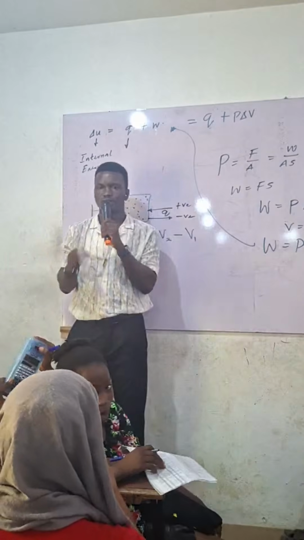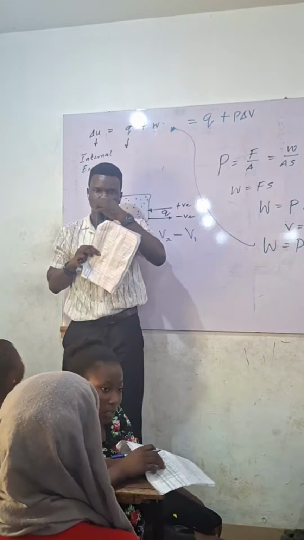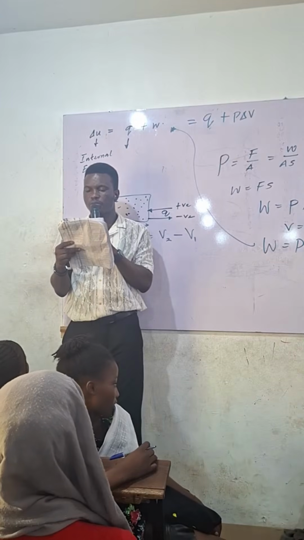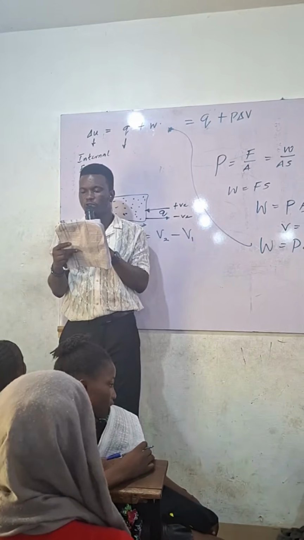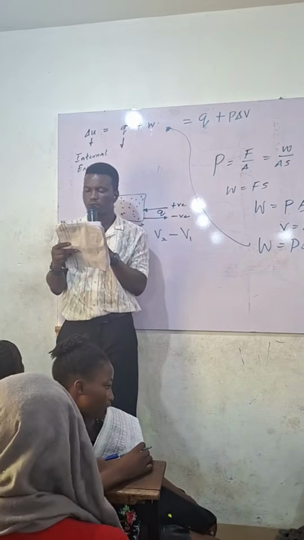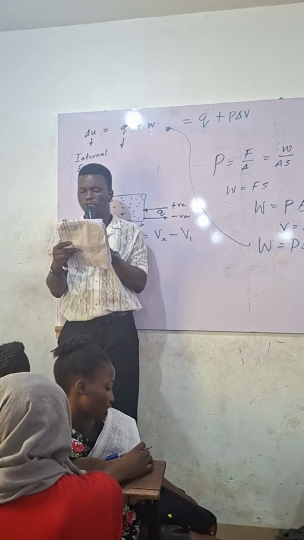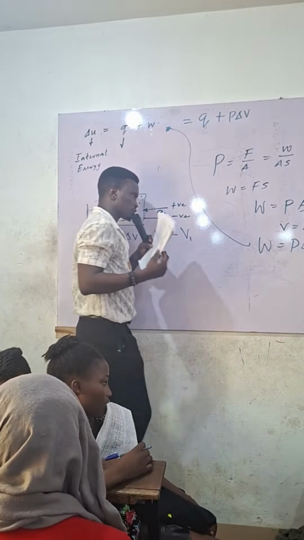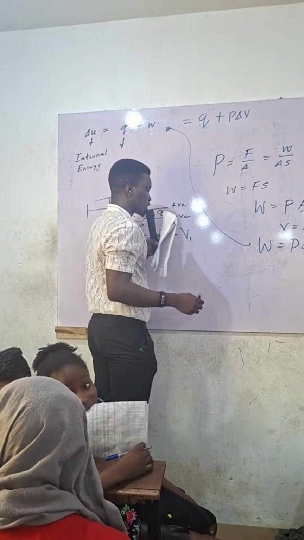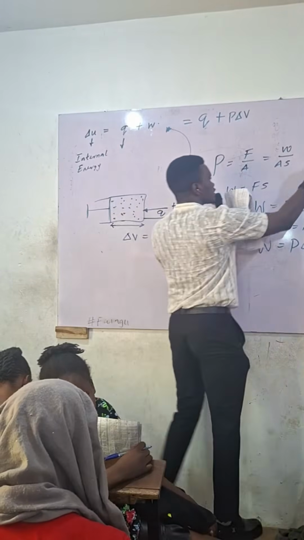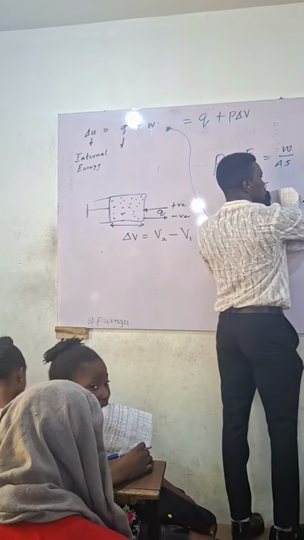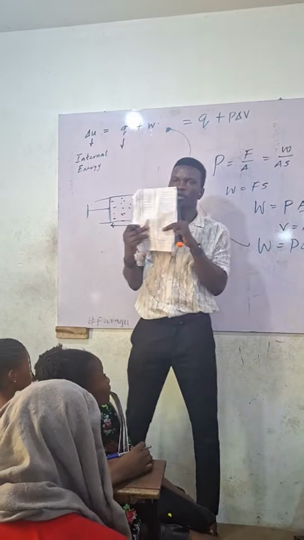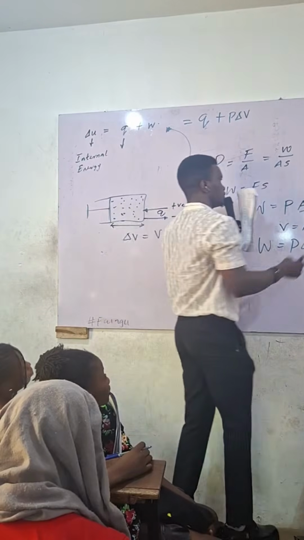Now, they said algebraic sum, algebraic difference between the electric potentials of the electrodes. Now, when E is positive, will that be spontaneous or non-spontaneous? Spontaneous.